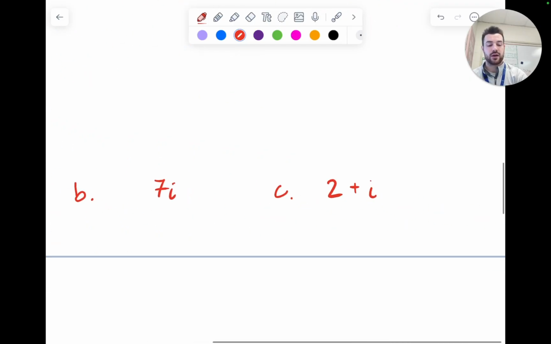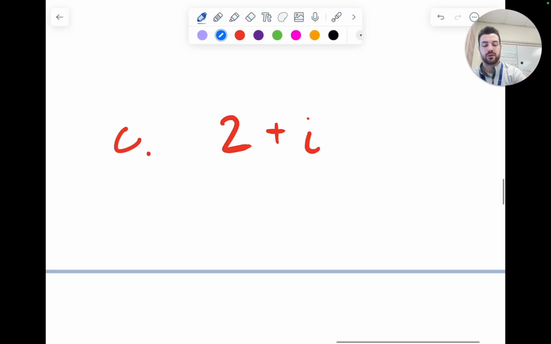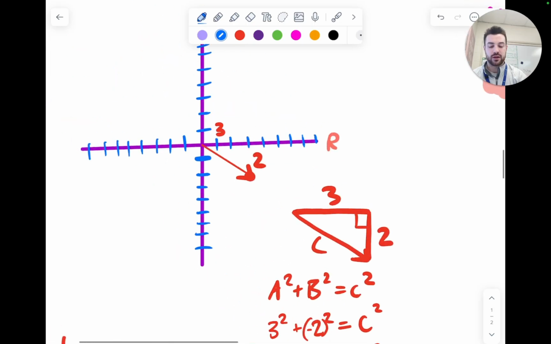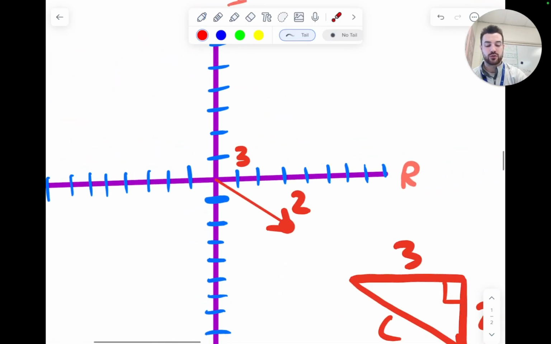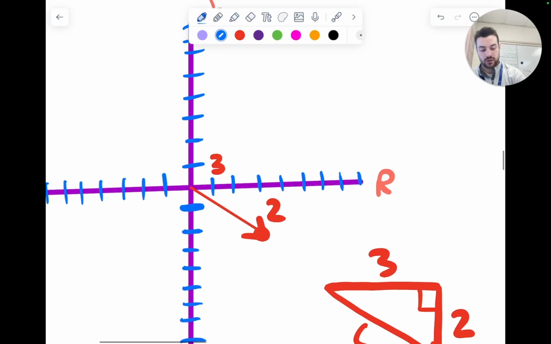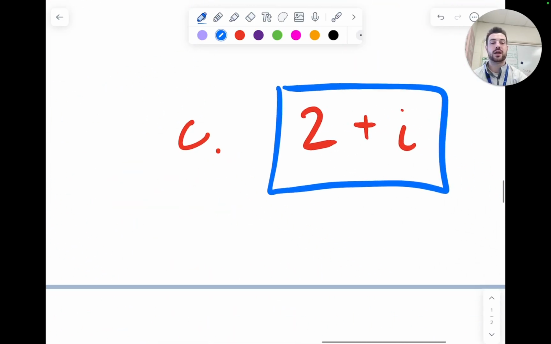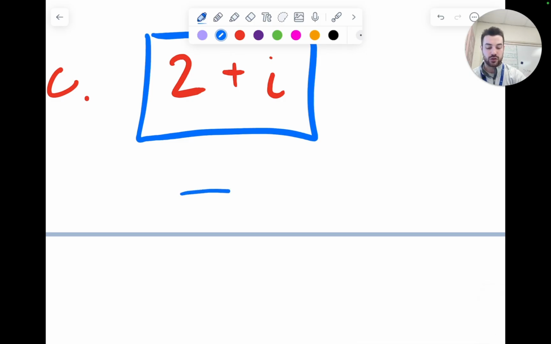If we jump down to another more similar example. If we're doing this one here, 2 plus i, we go back up here. What we're going to end up doing is we are going 1, 2 to the right and up 1. So we are going to right about here. If you think about the triangle that we just made, we are going 2 to the right, up 1, and creating this right triangle.